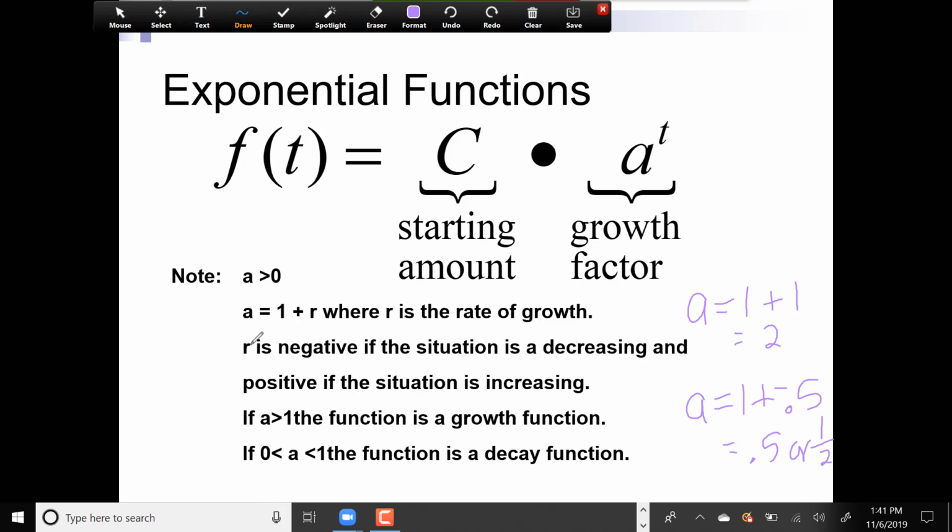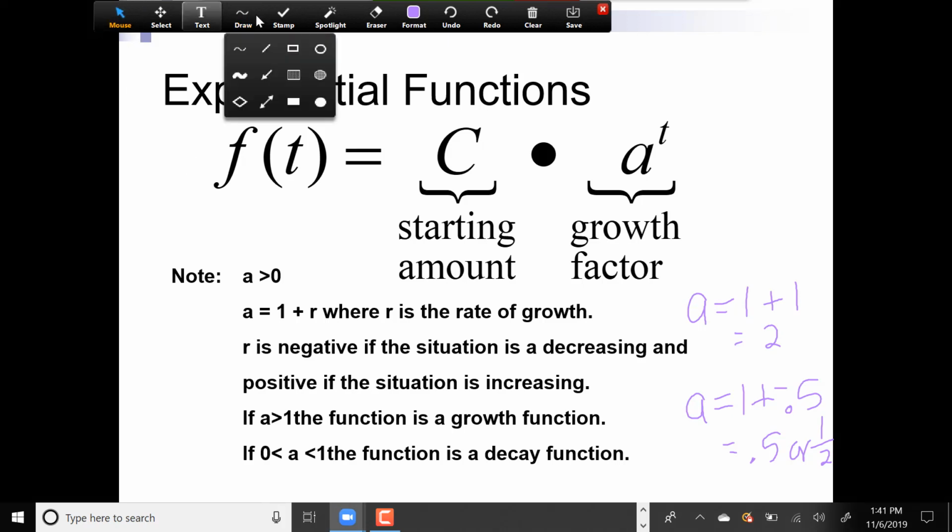So one thing to keep in mind is that your R is negative if the situation is decreasing or decaying, and it's positive if your situation is increasing or growing. So if A ends up being greater than 1, like in our alpacas it was 2, the function is a growth function. And if A is between 0 and 1, the function is a decay function, as in our paper folding exercise.